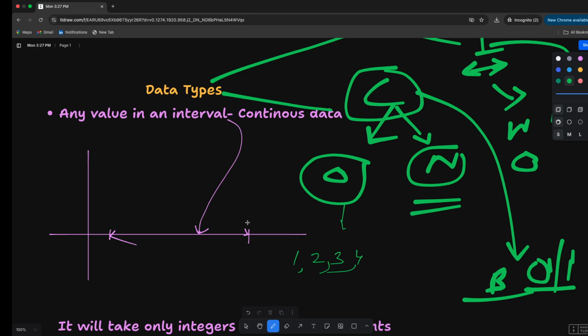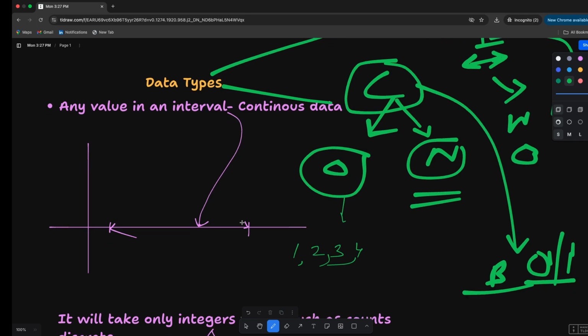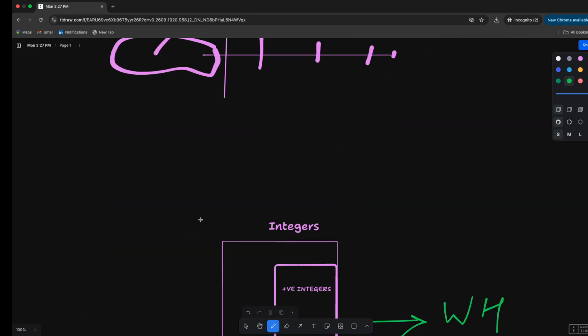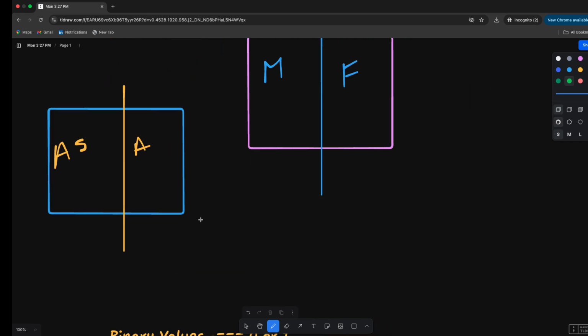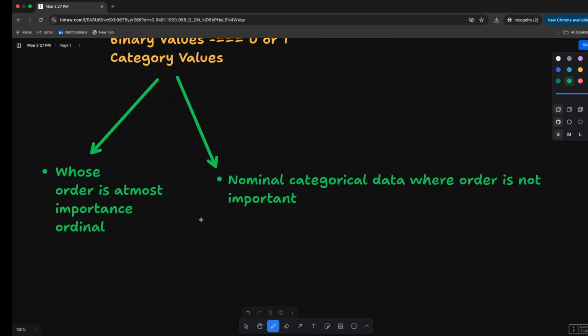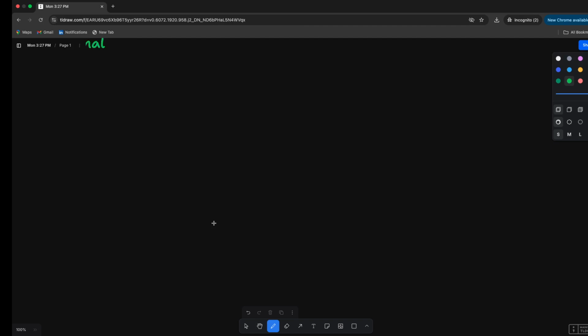Now, why are we studying so much about data types? It is basically for data analysis and predictive modeling. The type is important to help determine how to display it, how to perform the analysis, and how to do the evaluation of that model. So why do we need to understand data types, right?